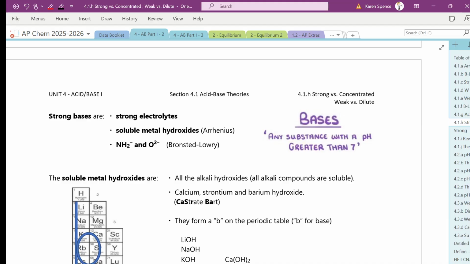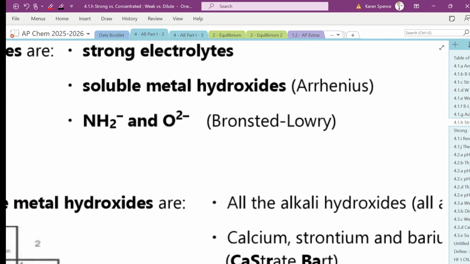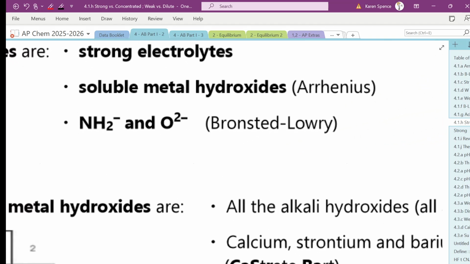Okay, most of our strong bases are our alkali metal hydroxides. What type of bases are those? Metal hydroxides, what type of bases are those? They're strong. What definition do they fit under? Arrhenius. Okay, so you have your two strong Bronsted-Lowry bases, the NH2 and the O2.